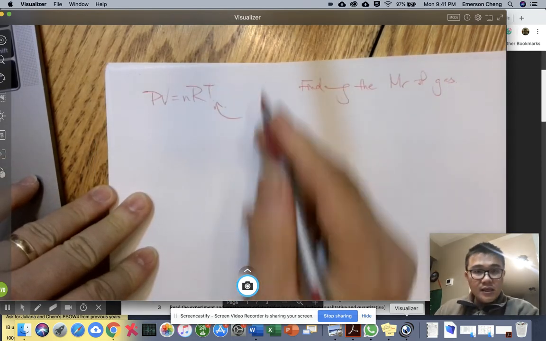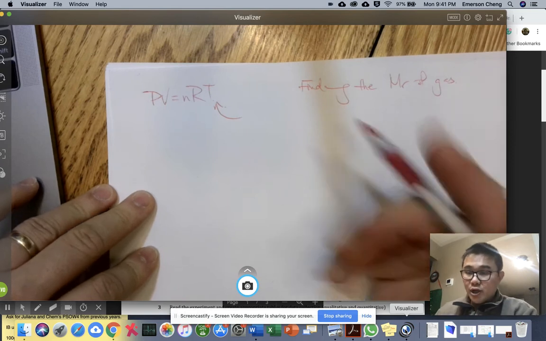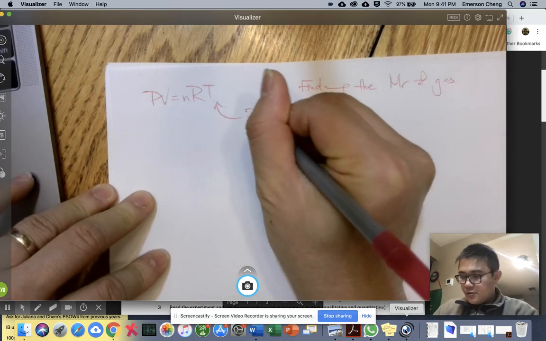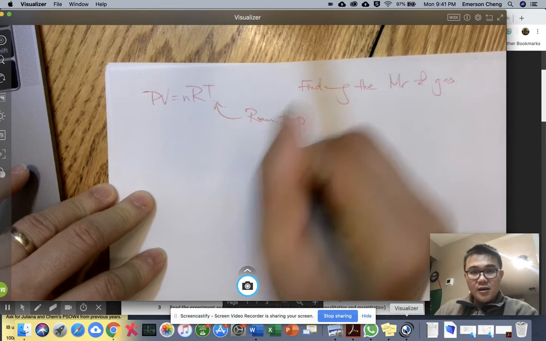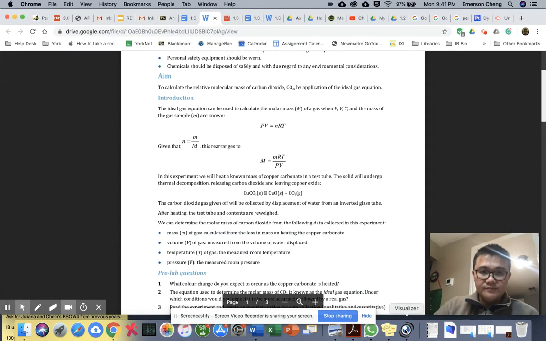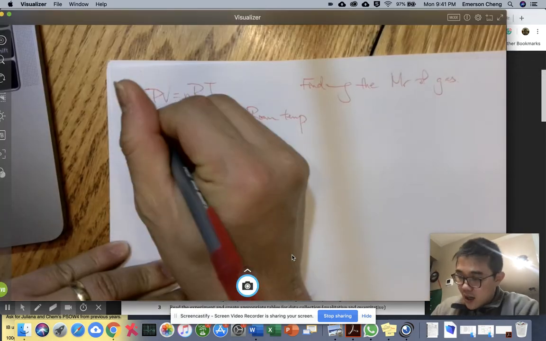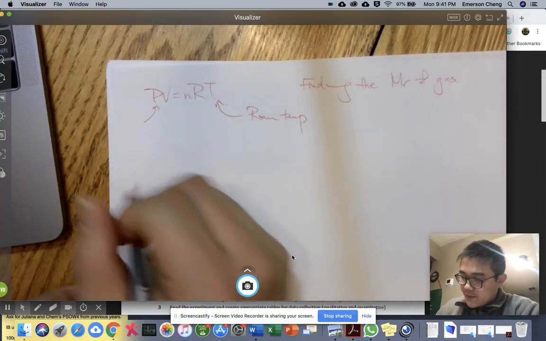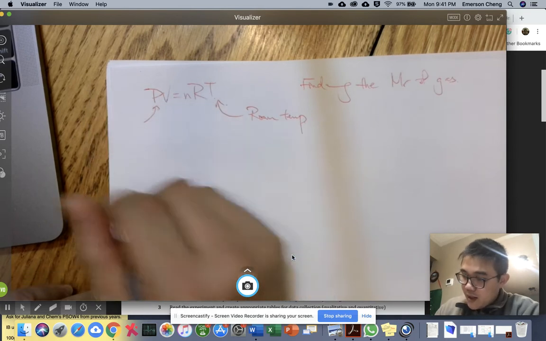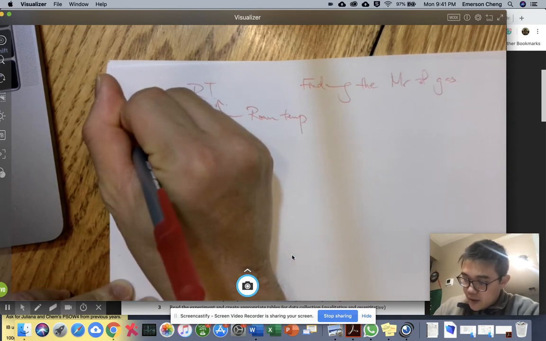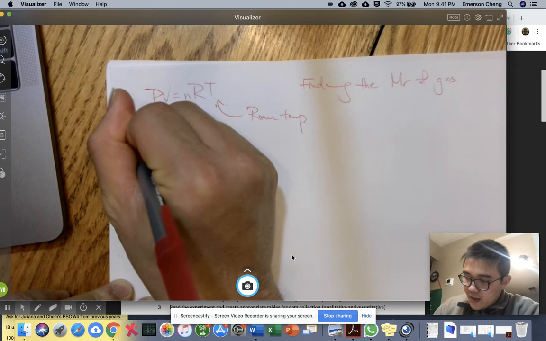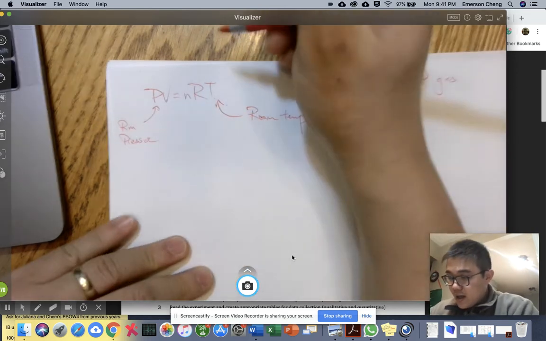Temperature is the room temperature at the time. Pressure is the pressure of the room, the atmospheric pressure of the day.